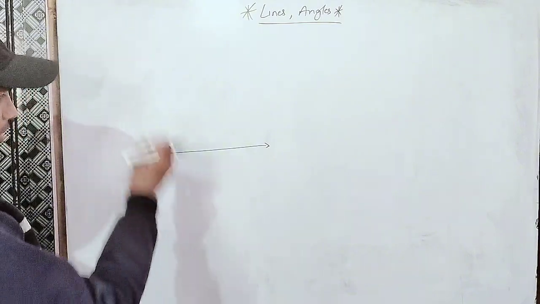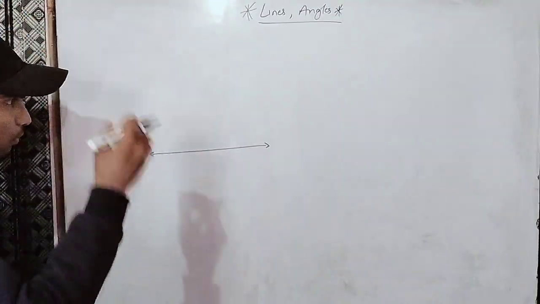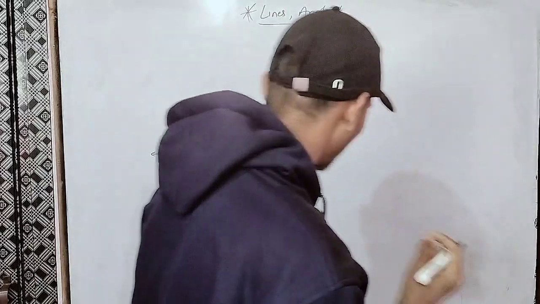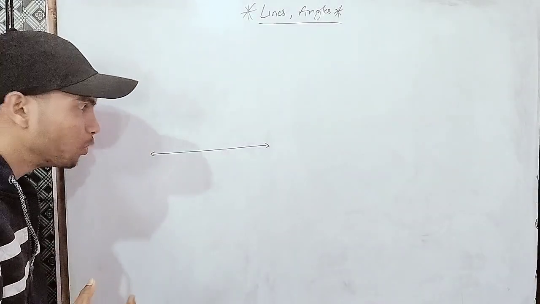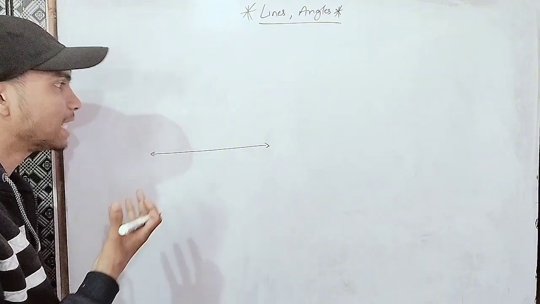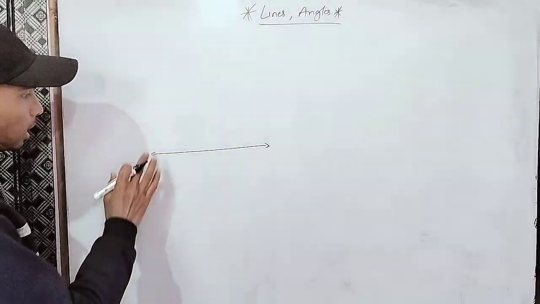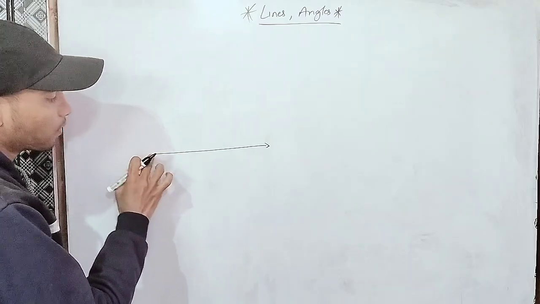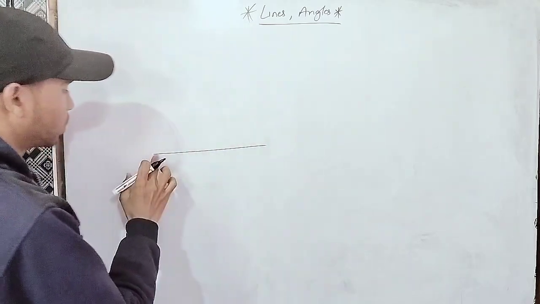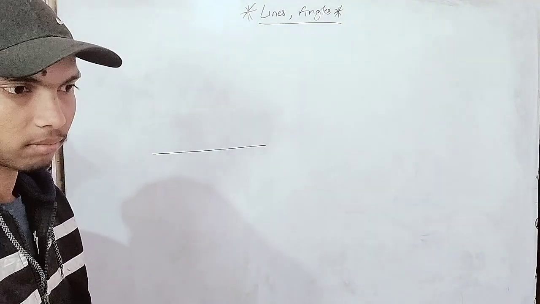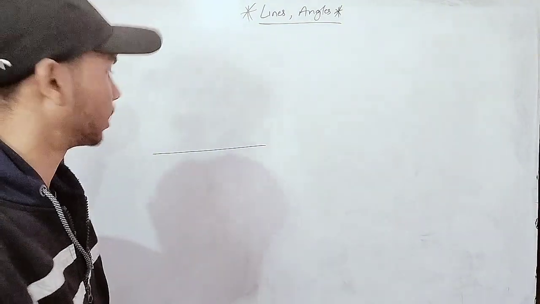Clear? So whenever we apply this arrow, we indicate that our line is going infinite. But when we remove the arrow, it means our line ends. Our line is completed.